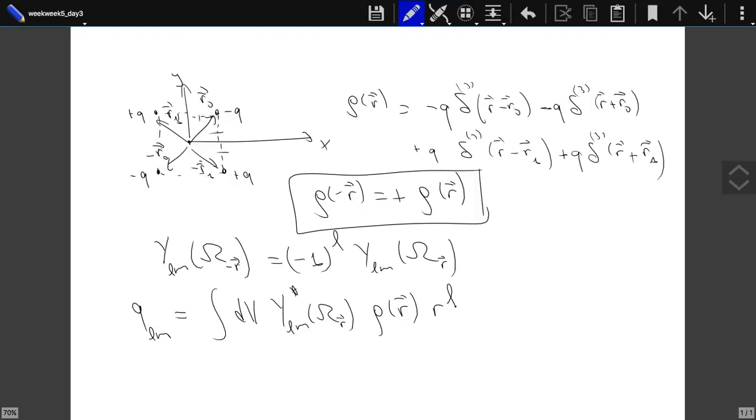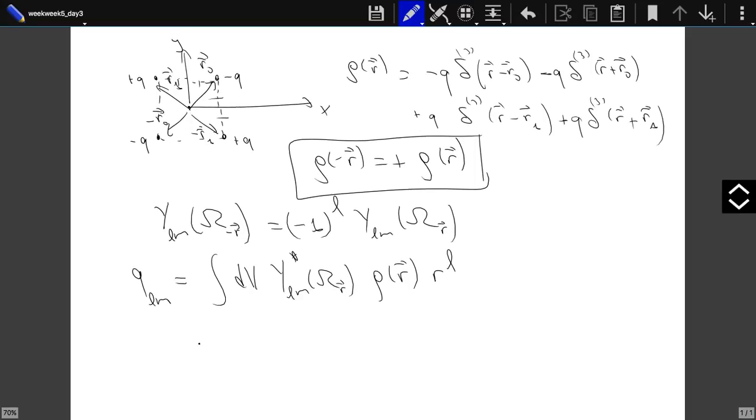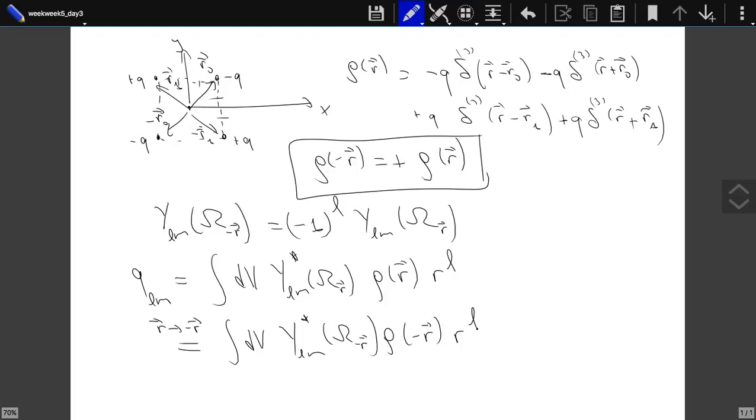Now let's make a change of variables. Instead of r, substitute minus r. I'm just making a change of variable, so the integral doesn't change. Y_LM star becomes the angles of minus r, rho of minus r, r to the L. Again, I repeat, I just made a change of variables.